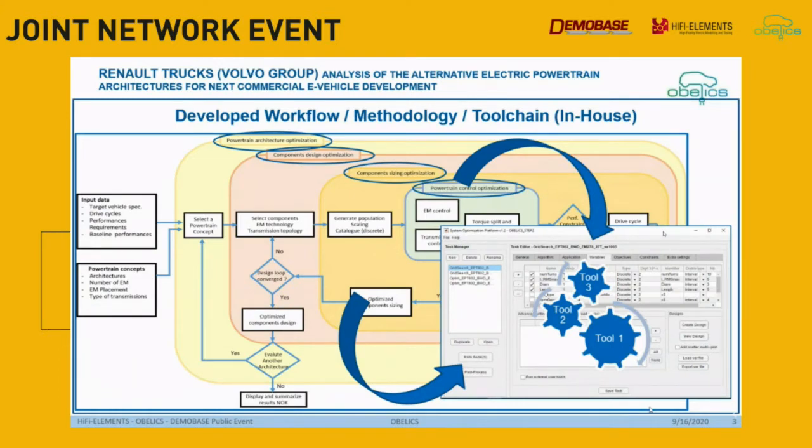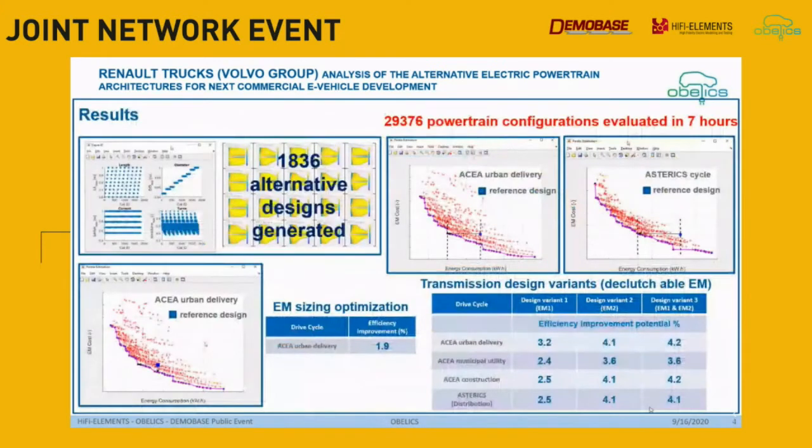As a result, you can see, for example, this electric machine sizing optimization, where 1,836 alternative designs were generated, or the transmission design variants generation, with 29,376 powertrain configurations evaluated in 7 hours.